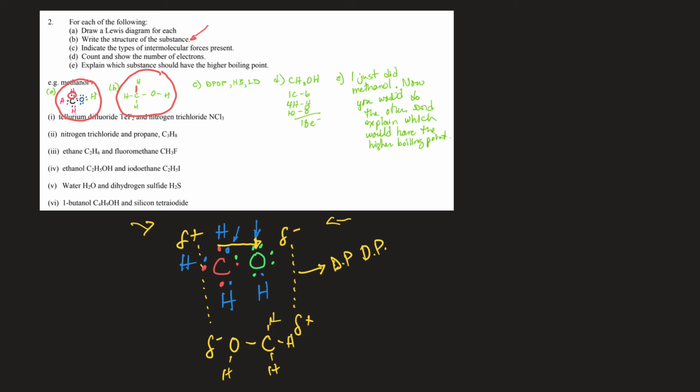Okay? Now, hydrogen bonding occurs with this molecule too. Let me just draw it again. Hydrogen bonding occurs when a hydrogen is bonded directly to either an oxygen, a fluorine, or a nitrogen.